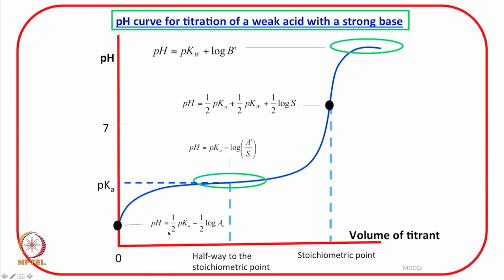Also pay attention to the various equations which are written over here. This equation we have just derived, the relationship pH is equal to pKw plus log B. When you have excess base, that is what we just discussed, pH will be controlled by the excess base, and you are talking about this region. You are starting with pure acid. So, let us see pure acid.